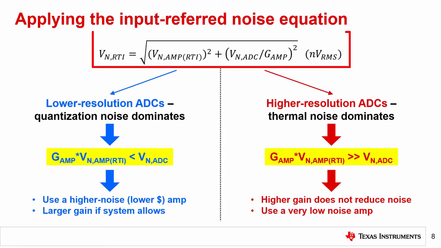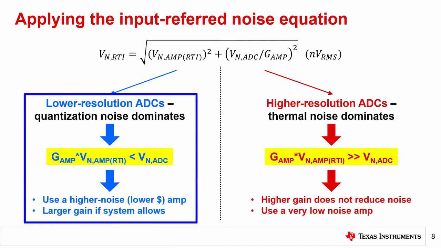First, recall the simplified input referred noise equation for an amplifier plus ADC system, restated here at the top of this slide. Second, recall that the amplifier noise only dominates when it's much greater than the ADC noise or the gain is extremely large. Given these conditions, you can see that for the 16-bit lower resolution ADC, high levels of quantization noise overpower the amp noise, so you never really see the amp noise in the measurement.